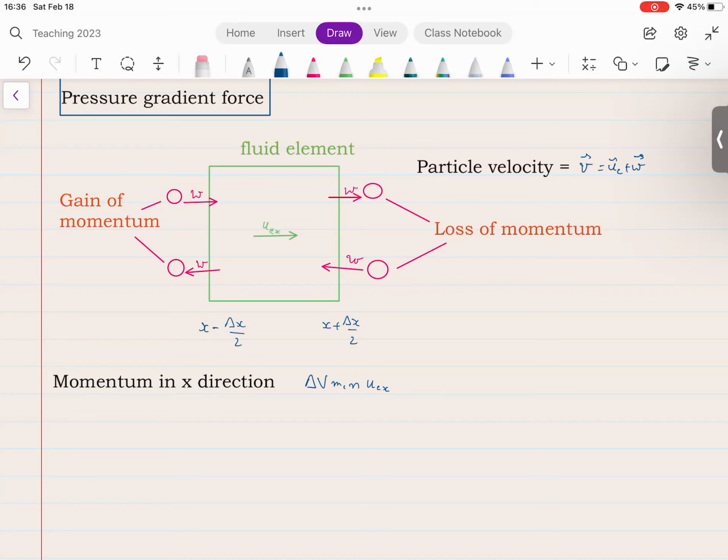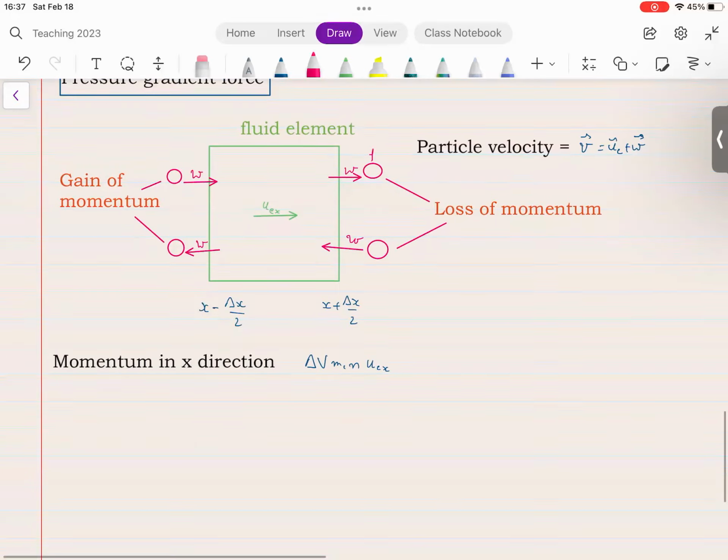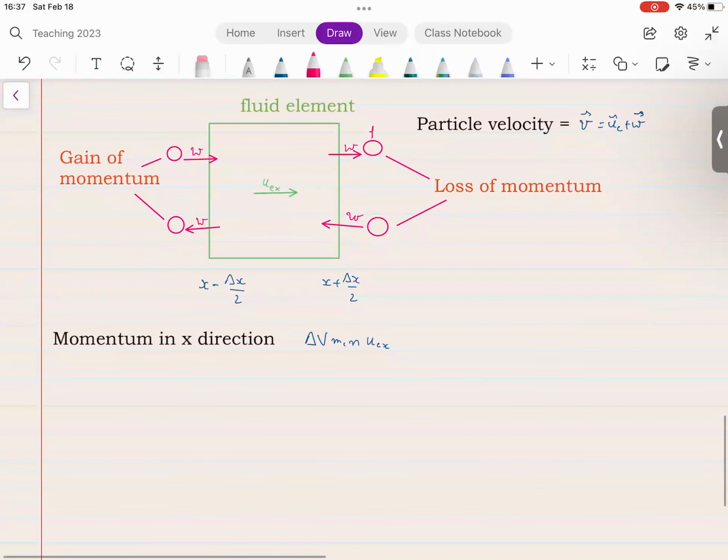Let's focus on the first particle on top. I'm going to call this particle 1. And this particle is going to carry some momentum out because it's exiting the fluid element. Now, how many particles are going to do that exact same thing? Now, let me type that.